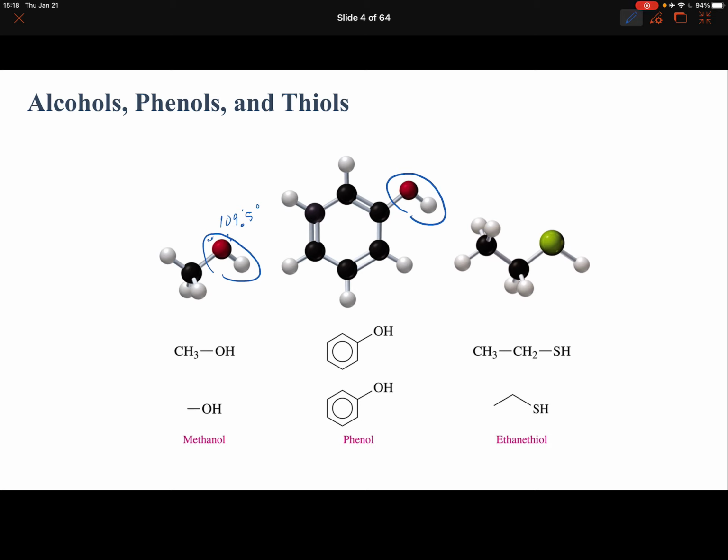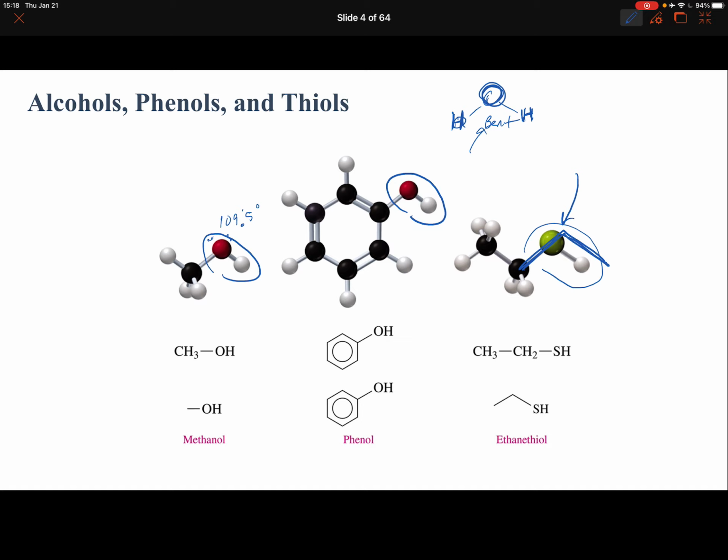With sulfur, we don't get into the electronic geometry here. Sulfur has more electrons, but you see that it still forms this same sort of little bend. We call that bent when we see that shape for water, for example. This is an H as well, so this is bent.